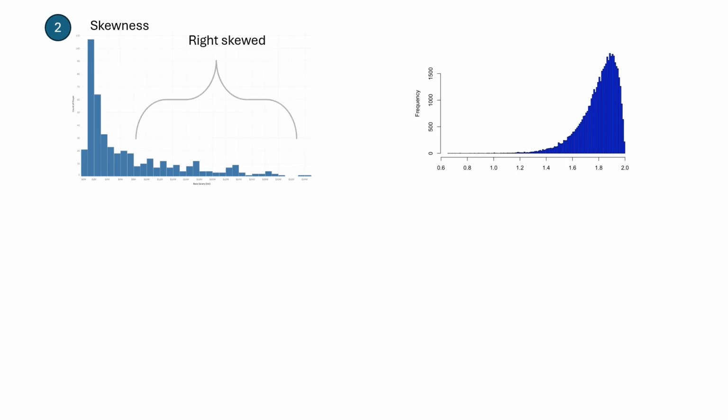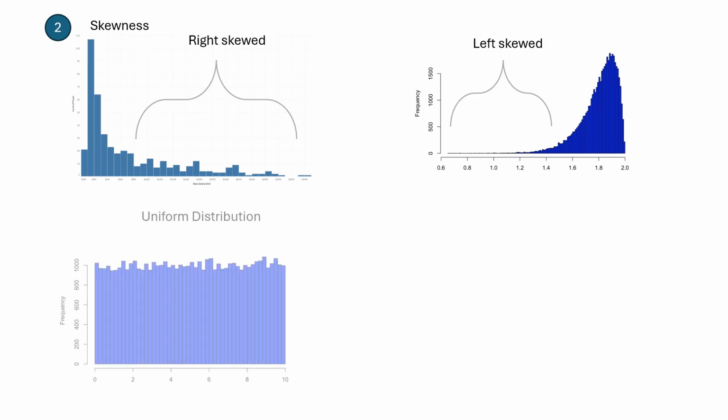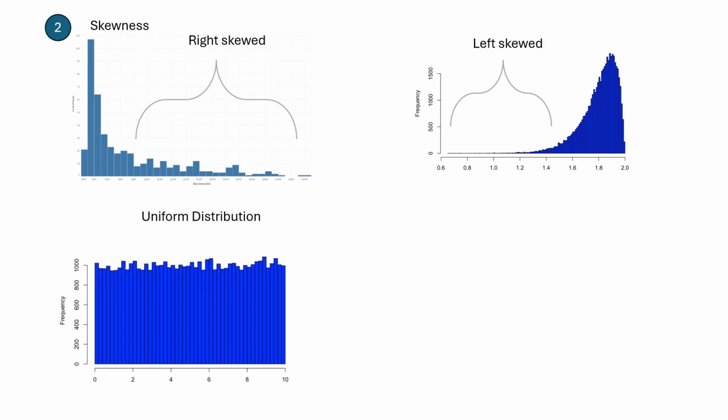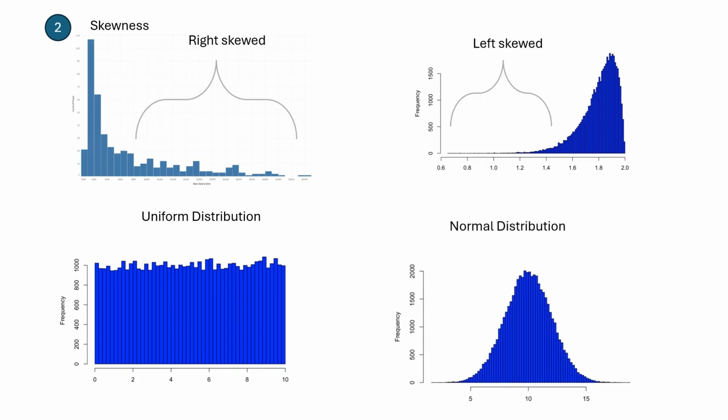If the tail is longer on the left, that means the data is left skewed. If there is no noticeable tail and the bars are evenly spread, it is a uniform distribution. And finally, if the distribution is bell-shaped, it is called a normal distribution.